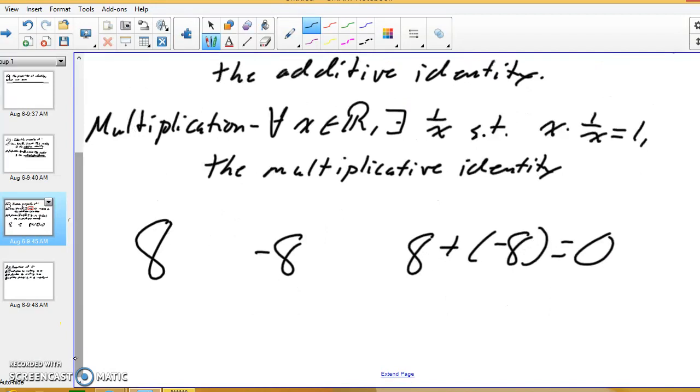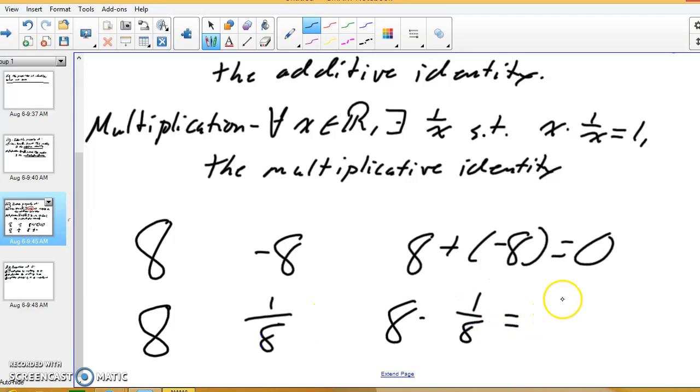So if you're trying to find the additive inverse, you have to find what number gets you back to the additive identity. However, if you have 8 and you want to find the multiplicative inverse, that would be 1 over 8, because 8 times 1 over 8 would be equal to 1.